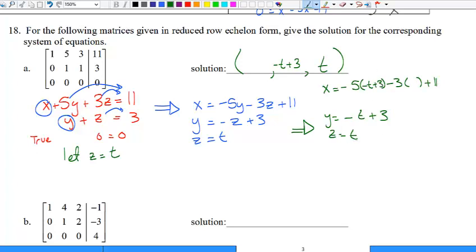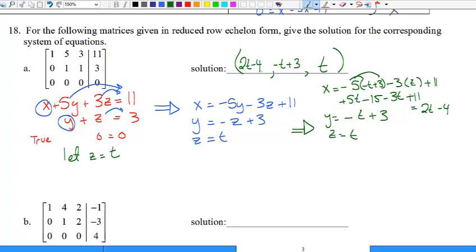And what can I plug in for z? Well, t. When I distribute here, that gets me positive 5t minus 15 minus 3t plus 11, which reduces to, what, 2t minus 4. So I have 2t minus 4. Excellent, and that's my solution.